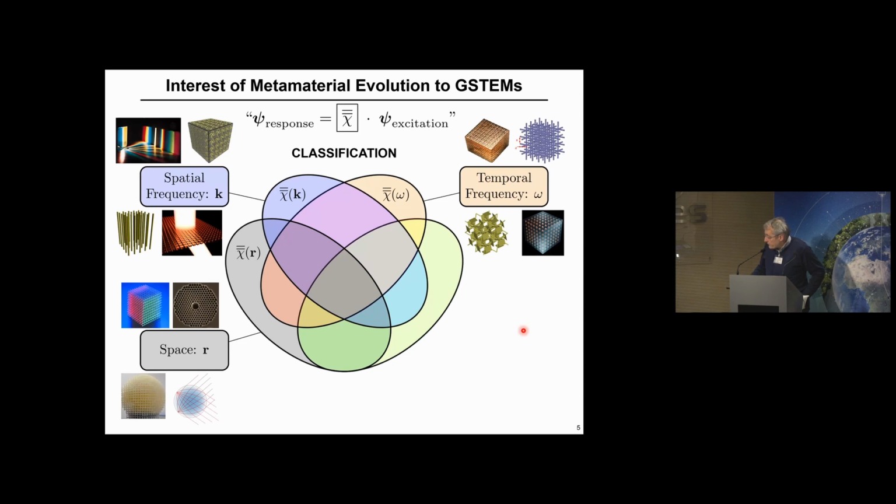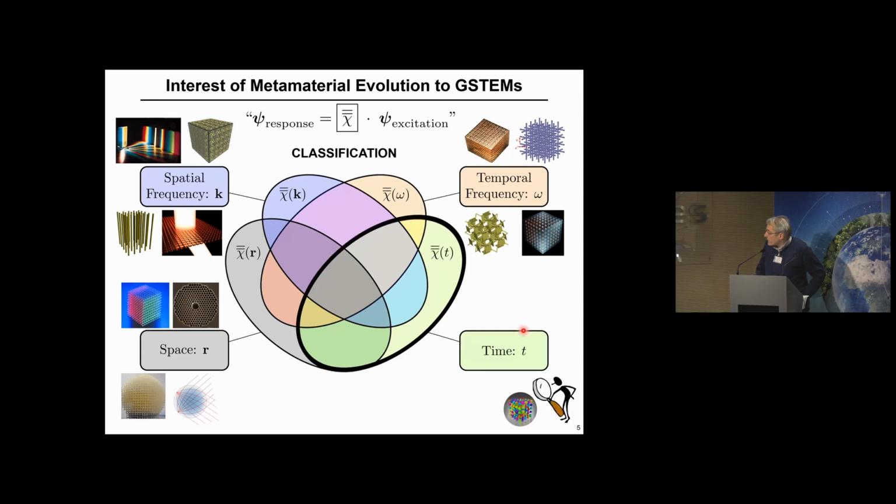That's what you have in photonic crystals and photonic crystal-based waveguides and graded index lenses. But it can also depend on time. And this has been quite little used until recent years. And of course, introducing the time parameter enriches the possibilities of manipulation of light or electromagnetic waves in general.